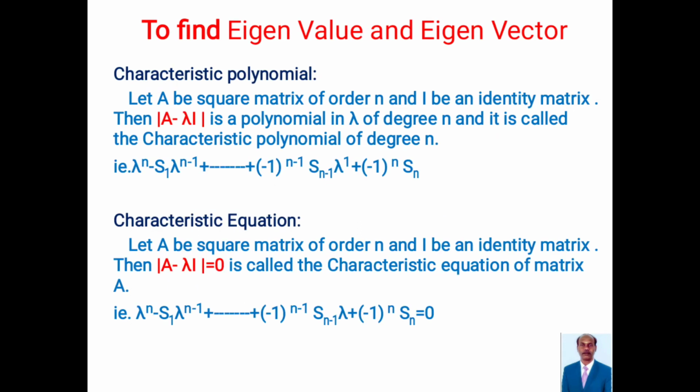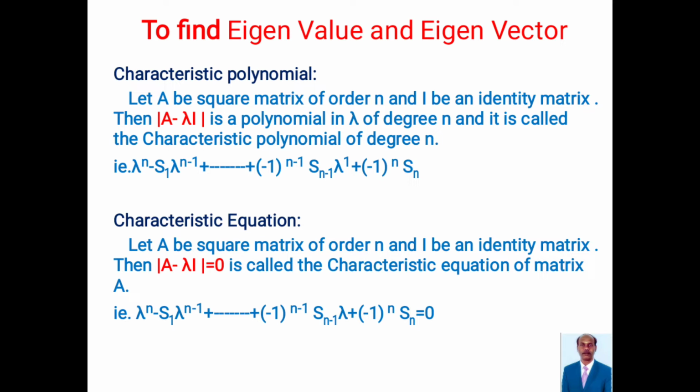eigenvector. So now how do we find the eigenvalue and eigenvectors? Before discussing how to find eigenvalue and eigenvector, we want to define the characteristic polynomial and the characteristic equation. Let A be a square matrix of order n and I be an identity matrix, then the determinant of A minus lambda I is a polynomial in lambda of degree n, and it is called the characteristic polynomial of degree n.